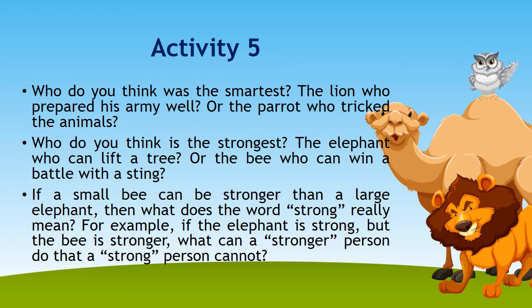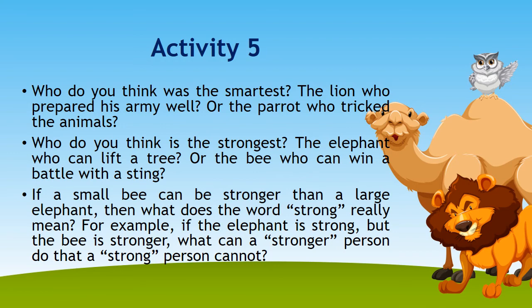After reading the story, we can say that the parrot was the smart one because he won the battle even without fighting. Who do you think is the strongest? The elephant who can lift a tree or the bee who can win a battle with a sting? See here, when we are talking about strength, from the story we realized that a person who is strong does not necessarily have to be physically strong.